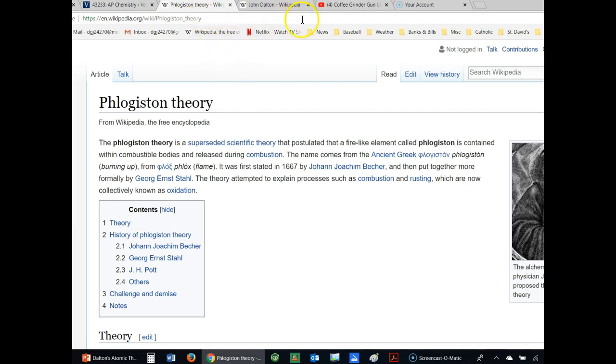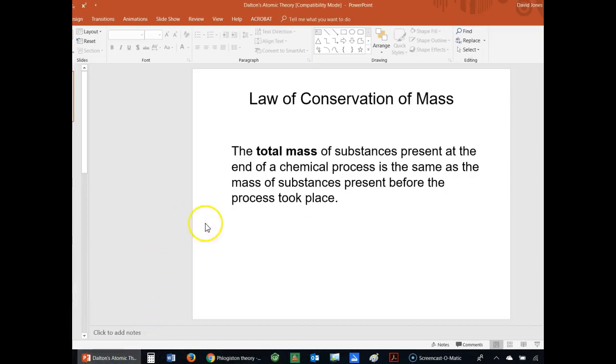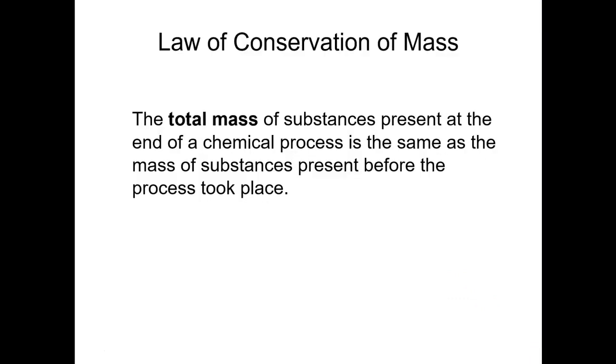Well, over time, as scientists began to develop the ability to weigh things accurately and do things inside a sealed container, it was really proven that the total mass of the system after the reaction was over was equal to the mass of the system before the reaction began. And so that was a key thing that led to Dalton's atomic theory.